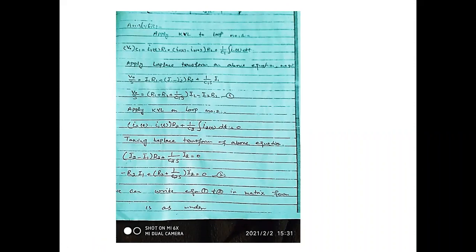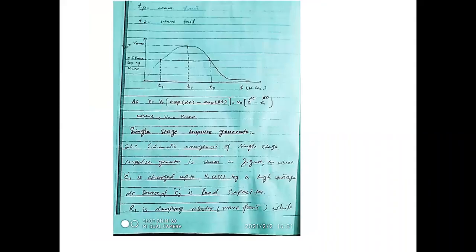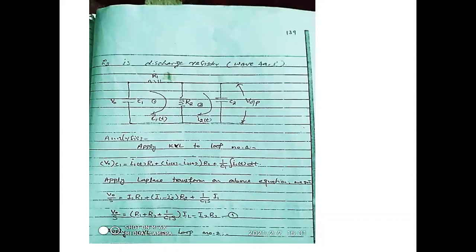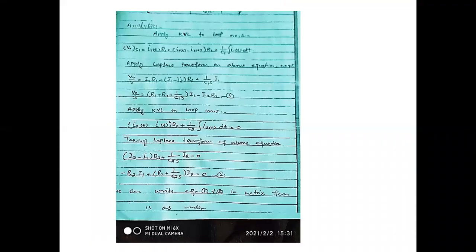Okay, so we have studied the circuit in the first lecture, having two loops: loop number one, loop number two. Now we have two KVL equations, both in the time domain and in the Laplace domain. From these Laplace domain equations, we got this matrix.